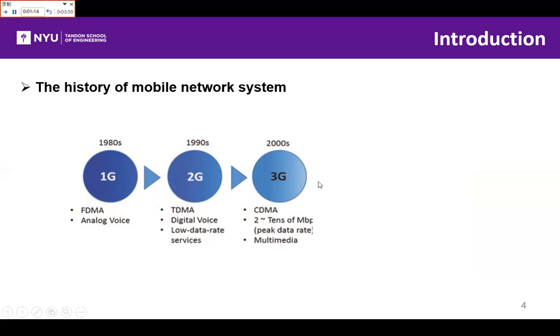Next comes 3G. In the 3G system, the technology used is CDMA, code division multiple access. In the 3G system, multimedia services are supported, and the network speed also greatly improved.